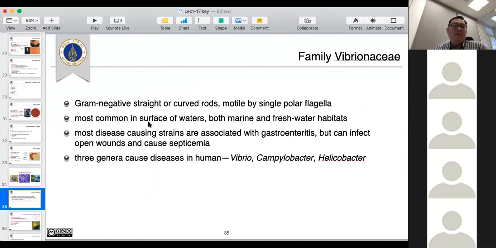They are very common in water. They live in water, both fresh, marine or estuarine. Estuarine is in between fresh and marine water. They cause diarrhea. The three genera that cause disease in humans are Vibrio, Campylobacter, and Helicobacter.